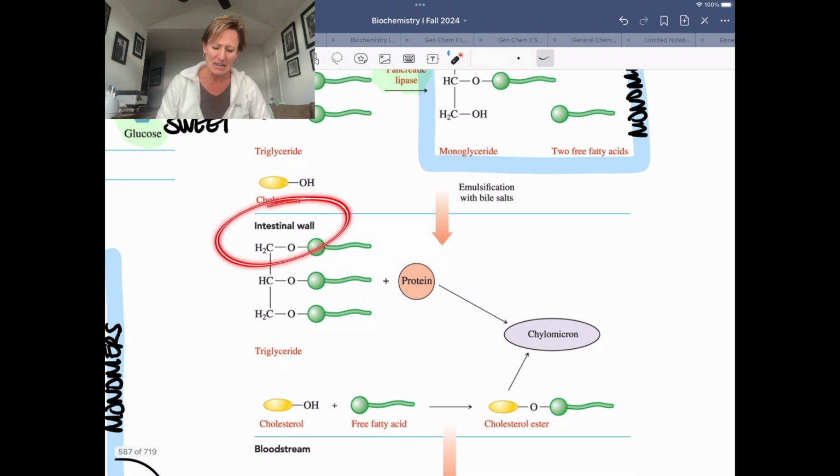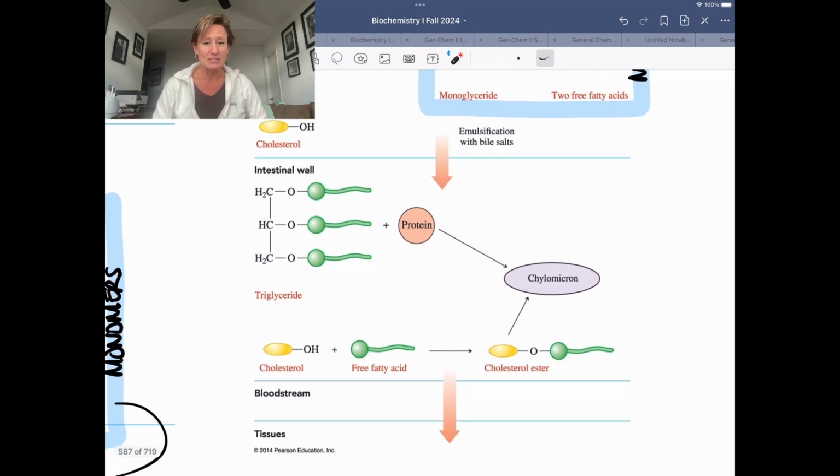Lots is happening in the small intestine. Anything hydrophobic, like triglycerides or anything lipid derived, we often complex with protein to create lipoproteins that can circulate in the bloodstream.